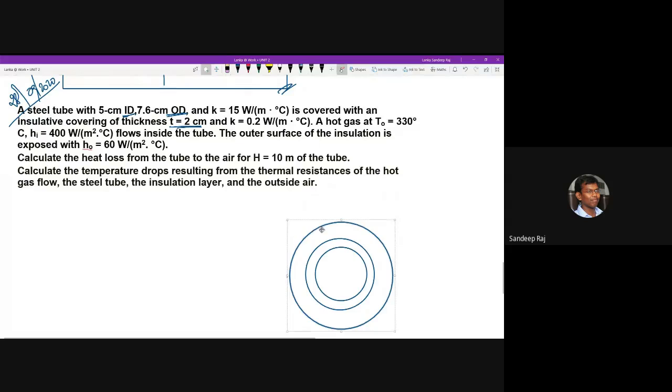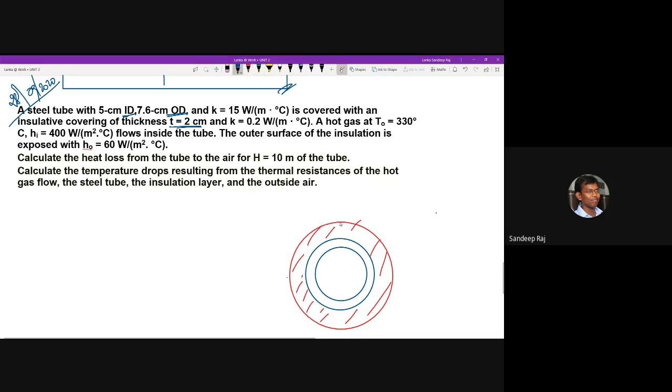This is what he has given. So there is an insulation. This part is your insulation. This red color thing is your insulation. And for this he has given a thickness.